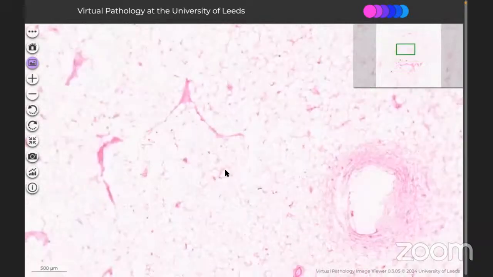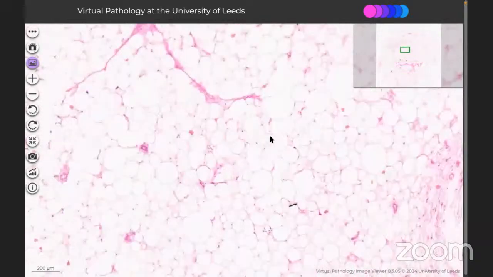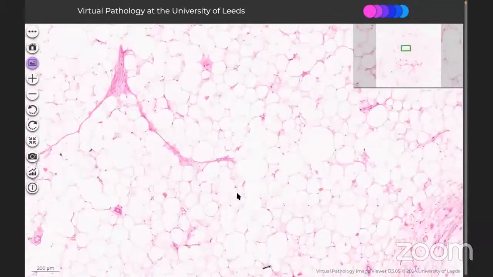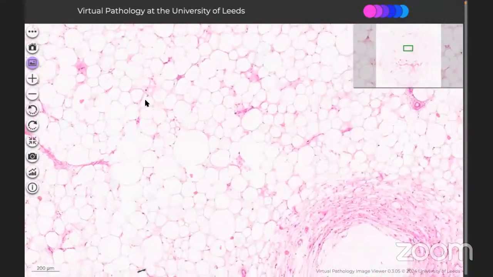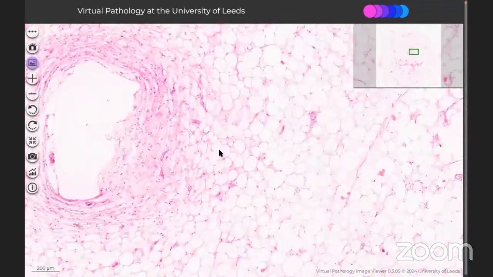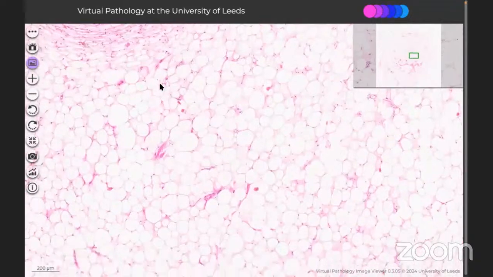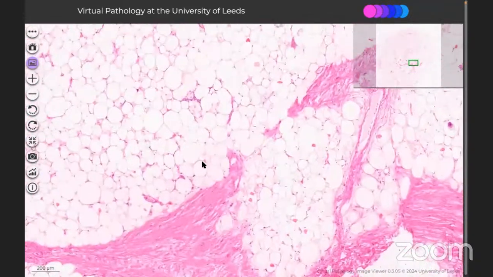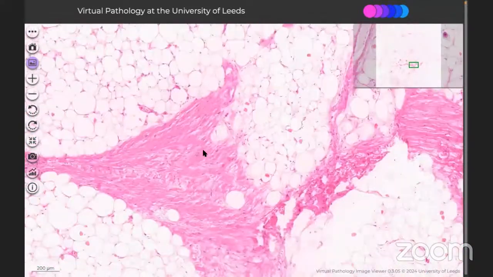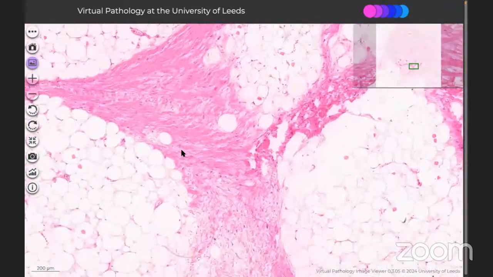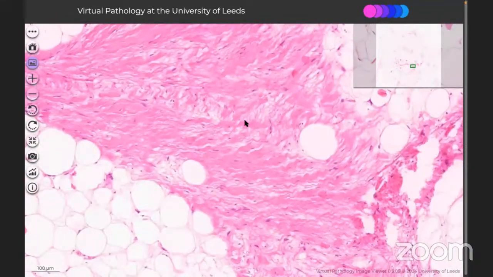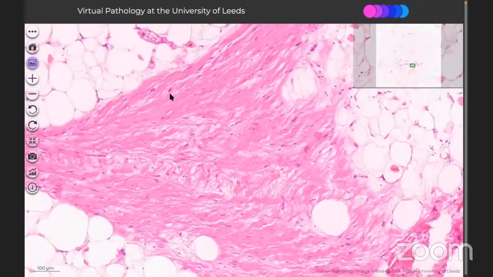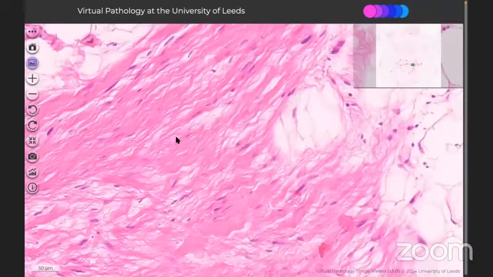And if we go down to the fat, we can see variable sizes of fat. Few are small, few are large. If we concentrate on the septa, we see the septal mesenchymal cells or spindle cells are quite atypical.